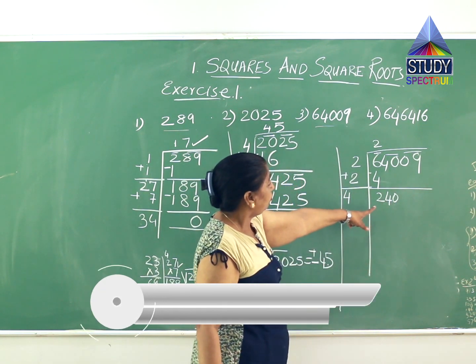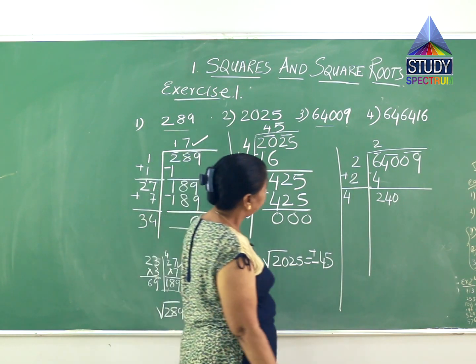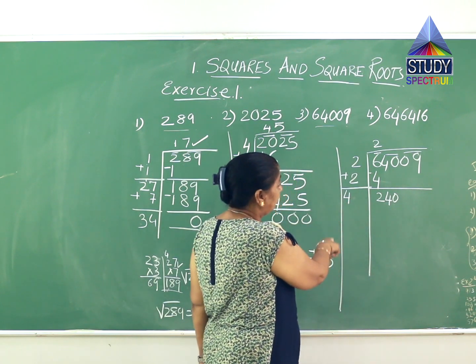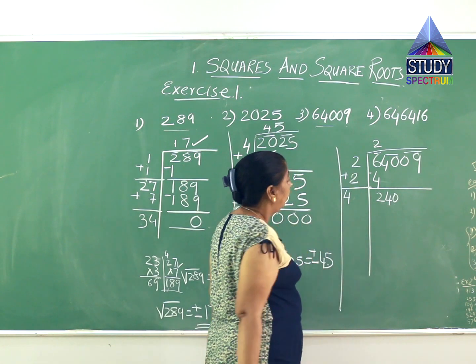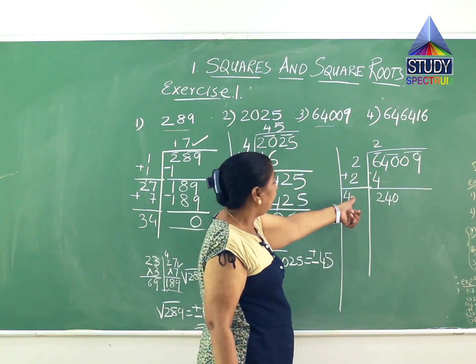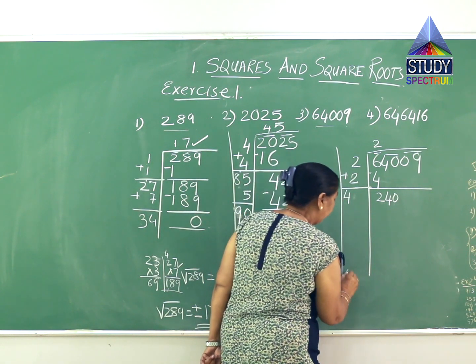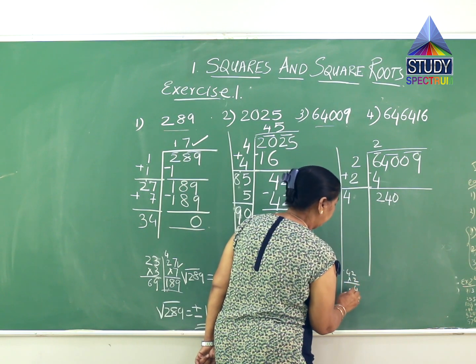Now the number is 240. Sorry. Now again I have to take a number over here, so that when I multiply by it, it should give me 240. Now by looking at this number, you know that if I put 2 over here, it will give me 4 and here 84.